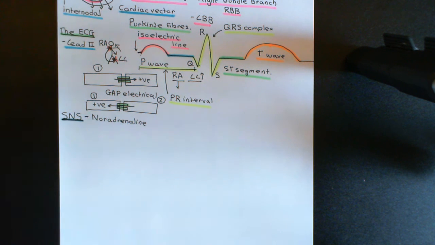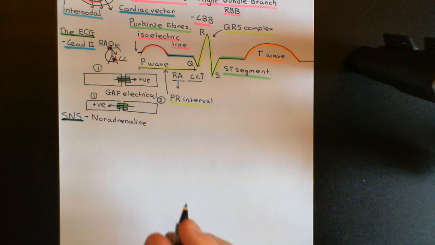So you've got sympathetic nerves that will synapse all over the heart and release noradrenaline all over the heart. So all of the cardiomyocytes all over the heart are going to be drenched in noradrenaline.